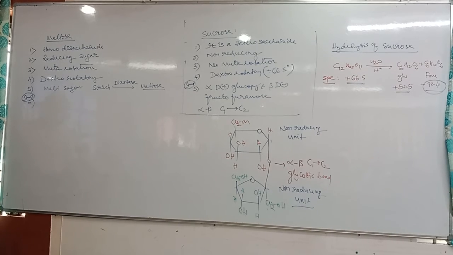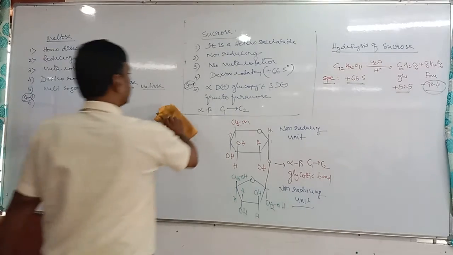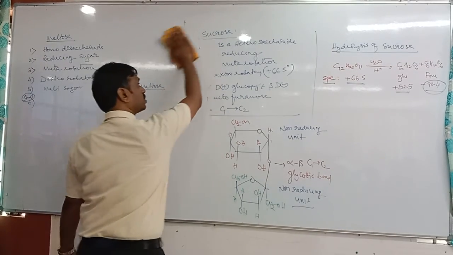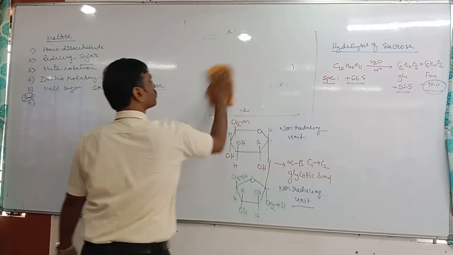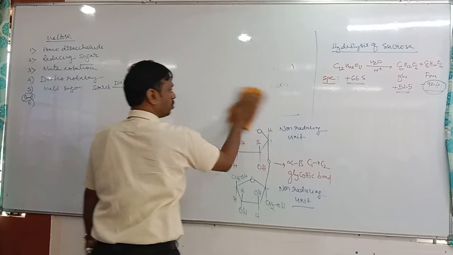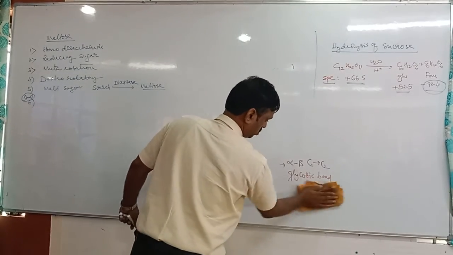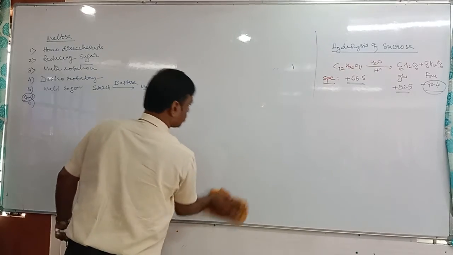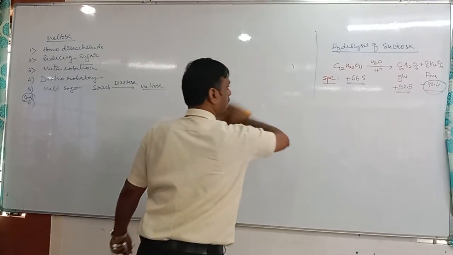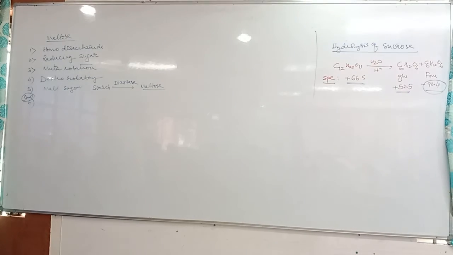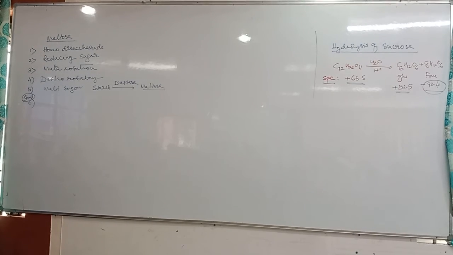Therefore, it is composed of two alpha D plus glucopyranose units joined together by an alpha C1 to C4 glycosidic bond.